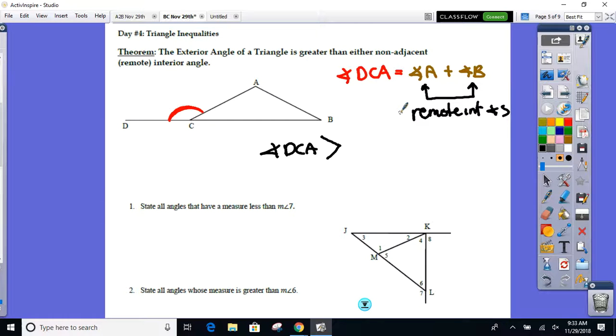If they add up to DCA, that must mean DCA is bigger than angle A by itself, and angle DCA is bigger than angle B by itself. We agree with that? That's what I'm going to show you today. And any exterior angle is bigger than its, what are these called again? Remote interior angles. Okay, so any exterior angle is always bigger than either of its two remote interiors.